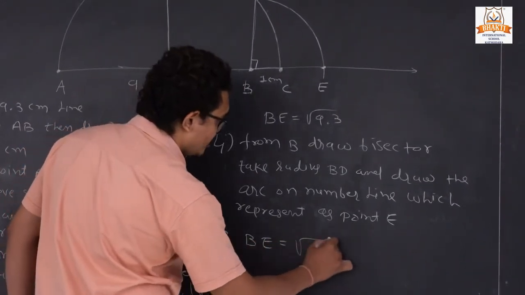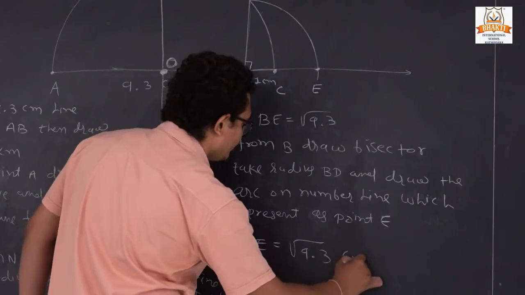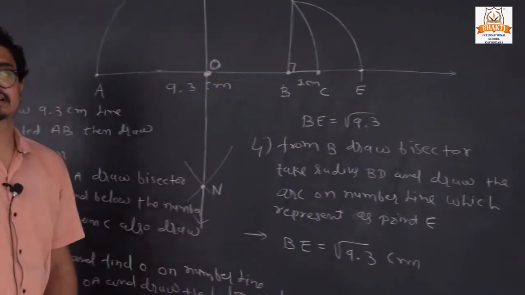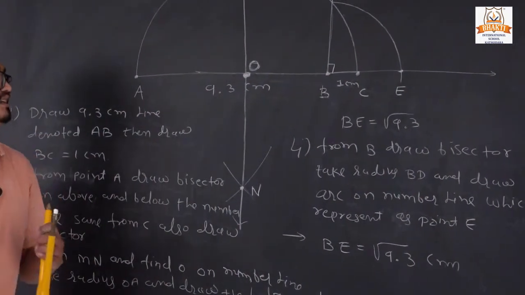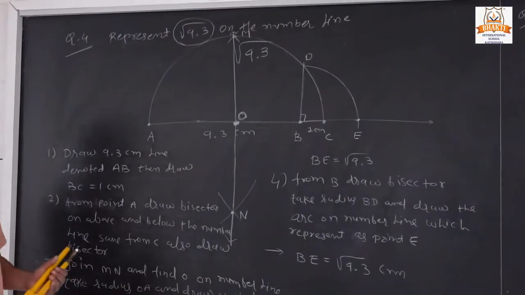So BE is always the value of 9.3 centimeter. So once again we can repeat that step.